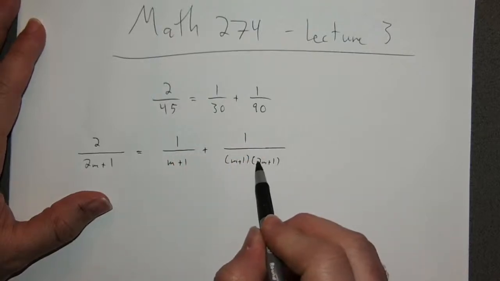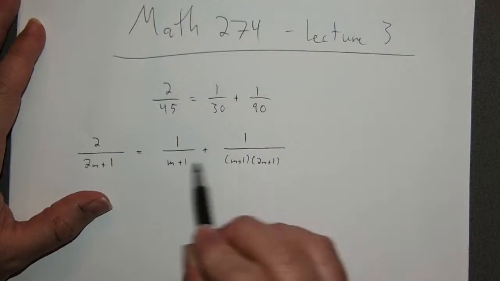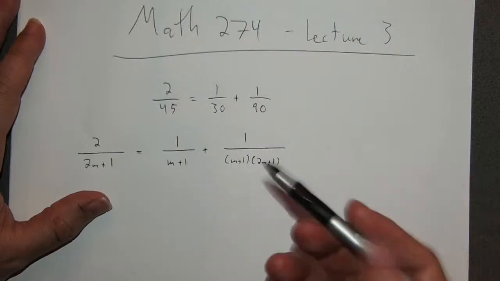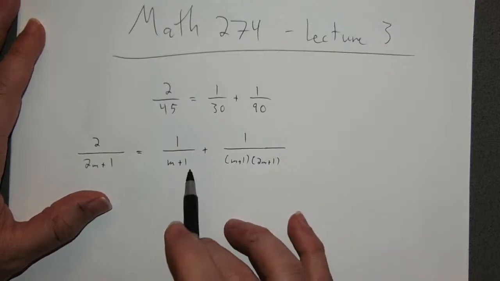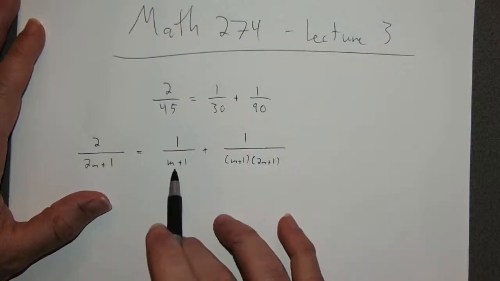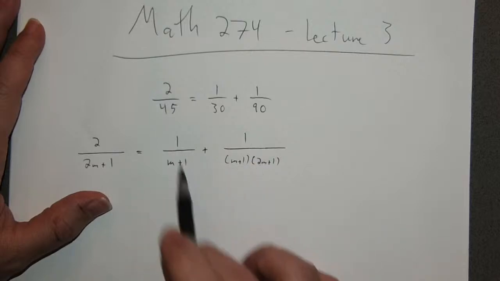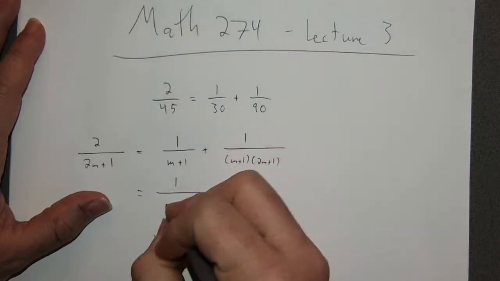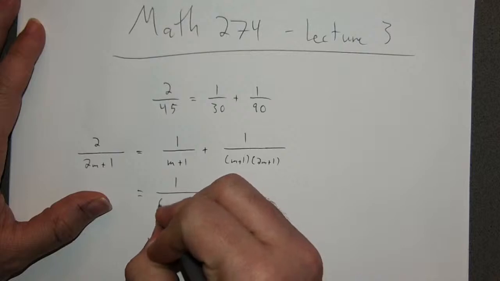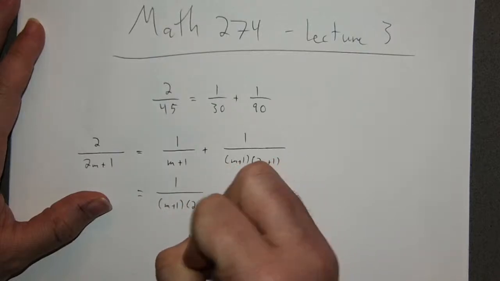This thing has a denominator of m plus 1 times 2m plus 1, so an easy common denominator would be to replicate this, to have m plus 1 times 2m plus 1 in both denominators.